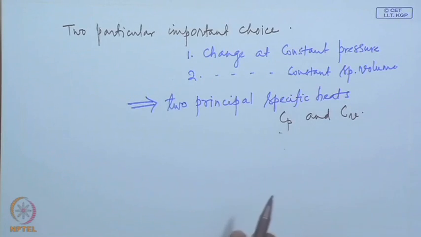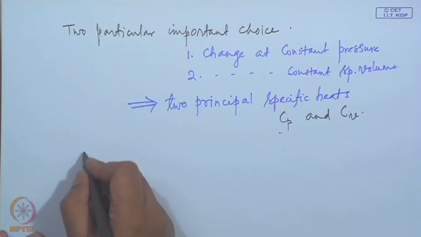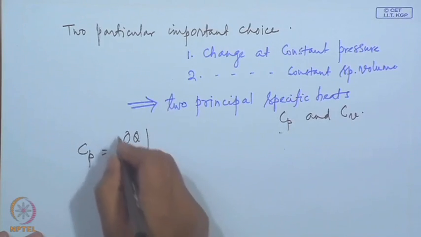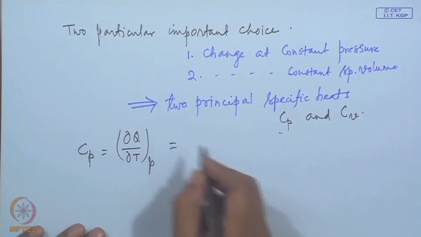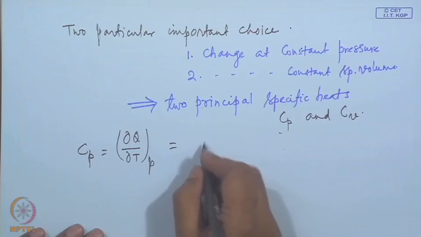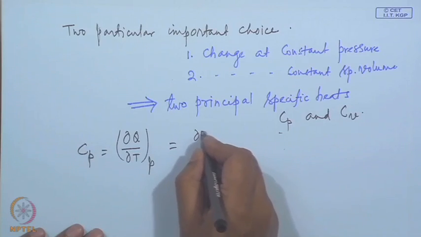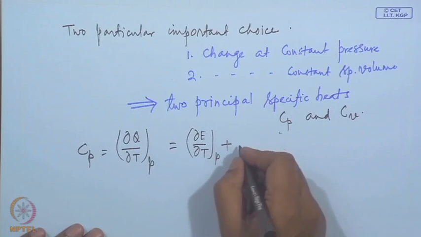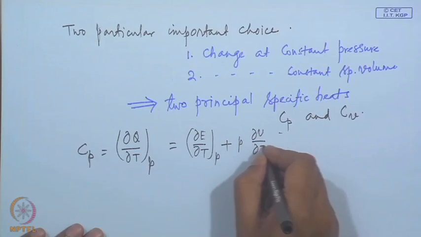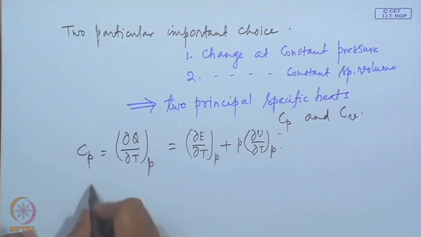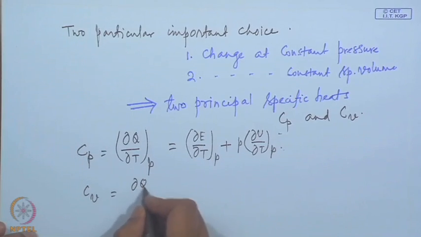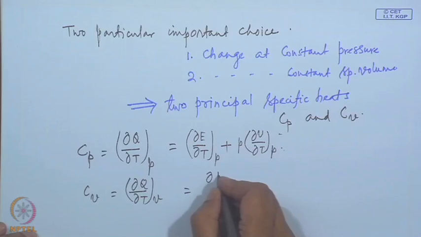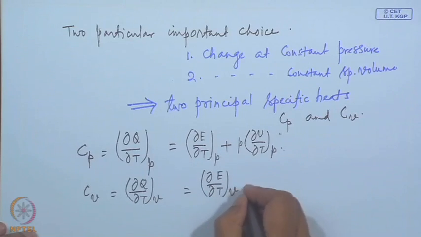Specific heat at constant pressure and specific heat at constant volume, that is, Cp is dQ/dT at constant pressure, which from the earlier equation can be written as dE/dT at constant pressure plus P dV/dT at constant pressure, and Cv is dQ/dT at constant volume, which is simply dE/dT at constant volume.